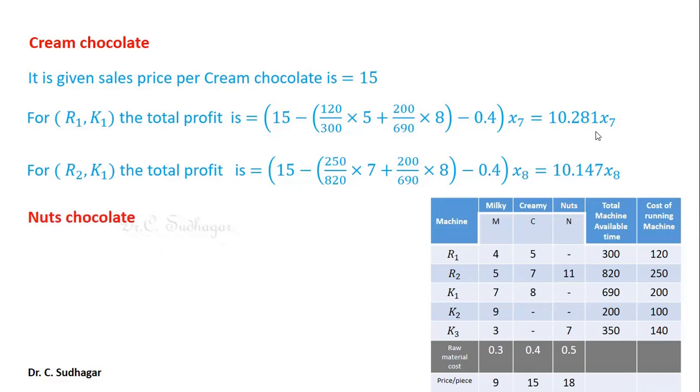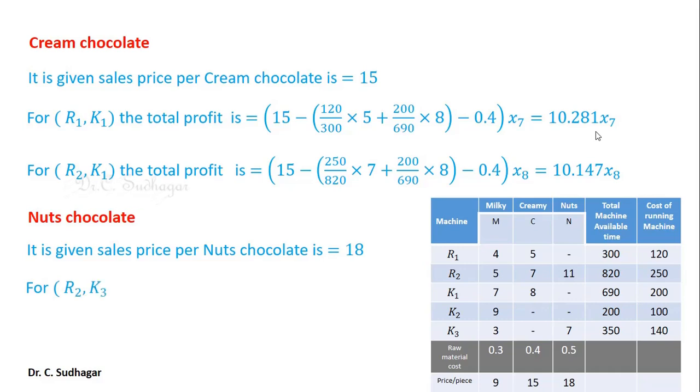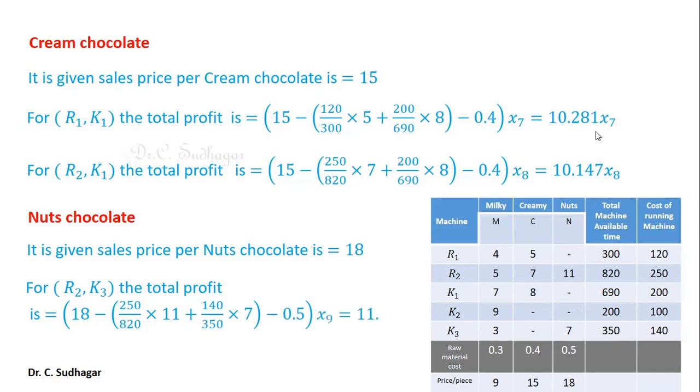Nuts chocolates can be manufactured in only one method, that is R2K3. So the total profit for nuts chocolates, X9 products, is 11.346 X9. So we have calculated all the profits with respect to different types of flavors and different types of packs.